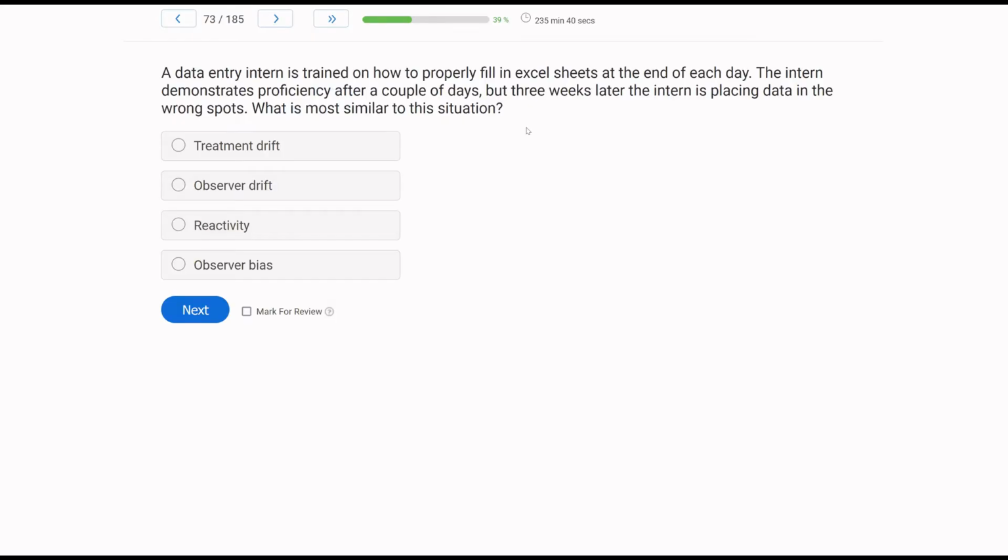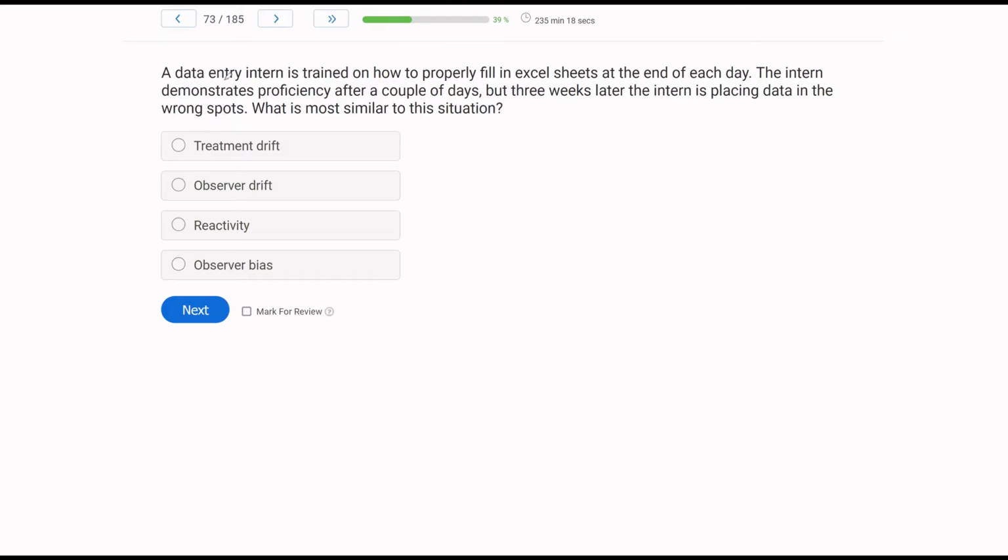A data entry intern is trained on how to properly fill in Excel sheets at the end of each day. The intern demonstrates proficiency after a couple of days, but 3 weeks later, the intern is placing data in the wrong spots. What is most similar to this situation? All right, we have a very applied question, right? Because we're not necessarily talking about clinical work or interventions.